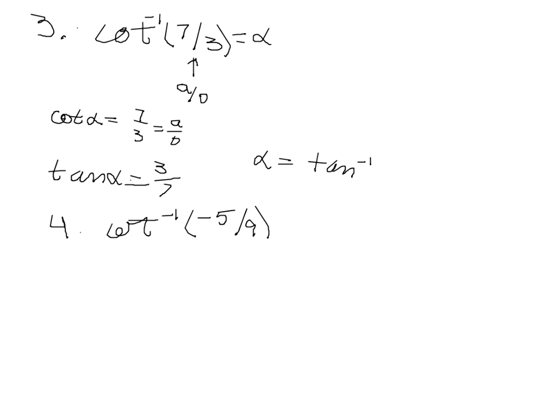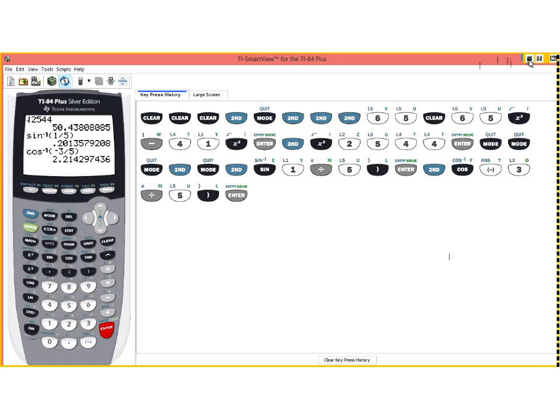So alpha can be written as inverse tangent of 3/7. So go to my calculator, inverse tangent of 3/7.